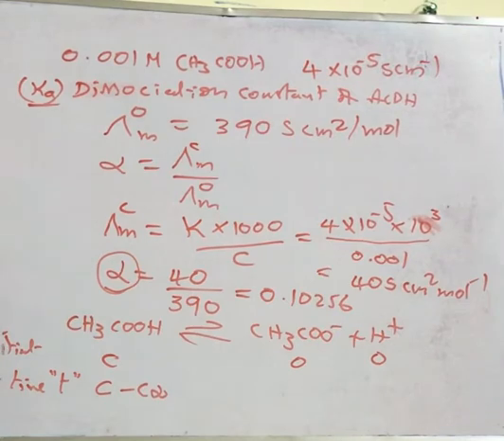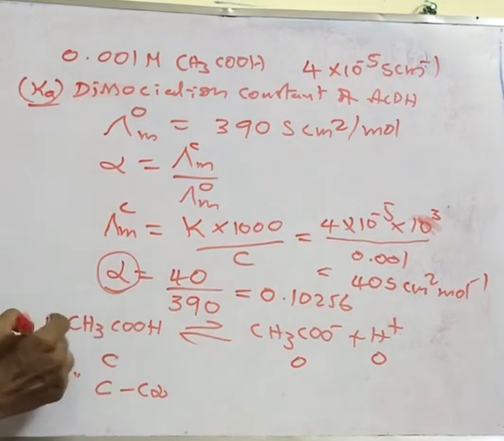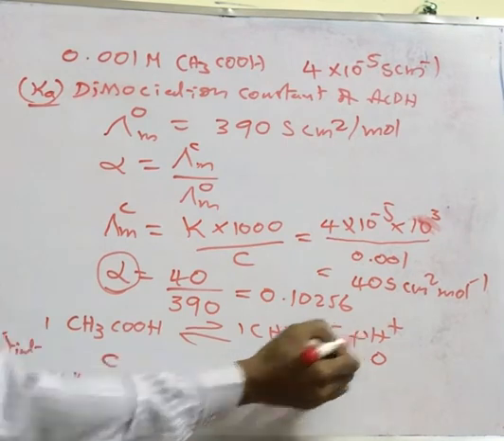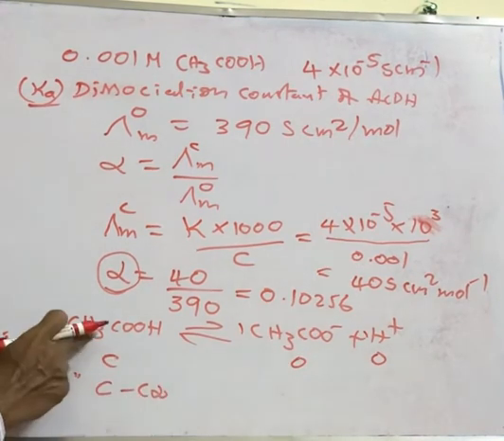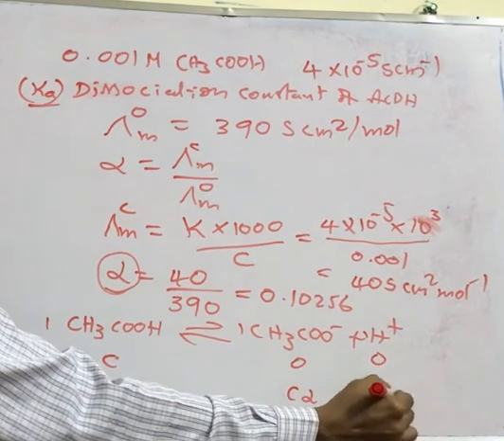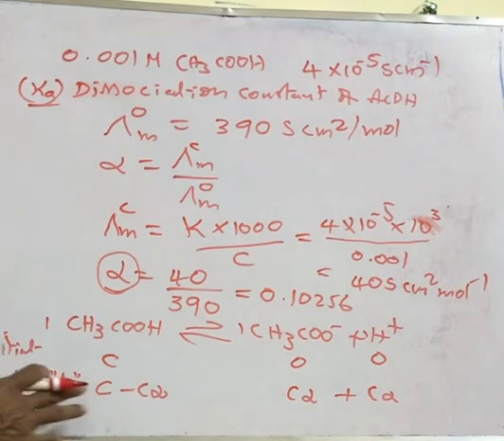You see, 1 mole of acetic acid dissociates to give 1 mole of acetate ion and 1 mole of H plus ion. If C alpha of acetic acid is dissociated, I will get C alpha of acetate ions and C alpha of hydrogen ions. So these are the final concentrations at time t.